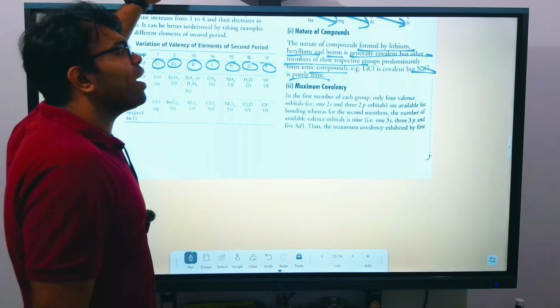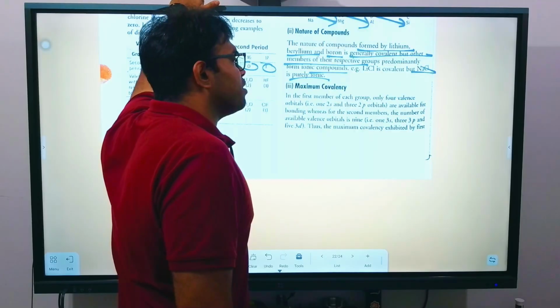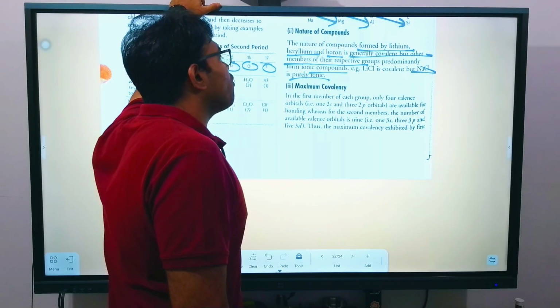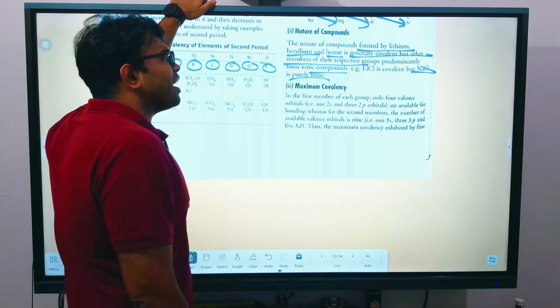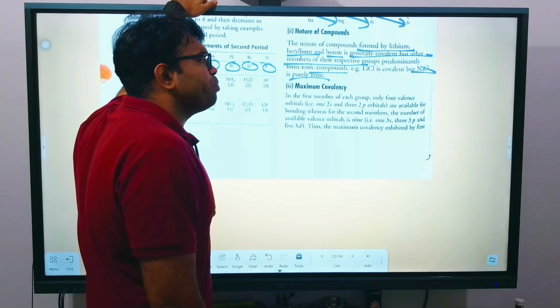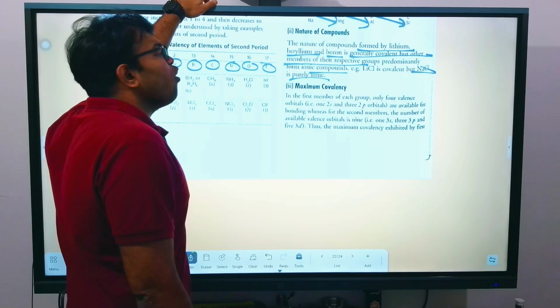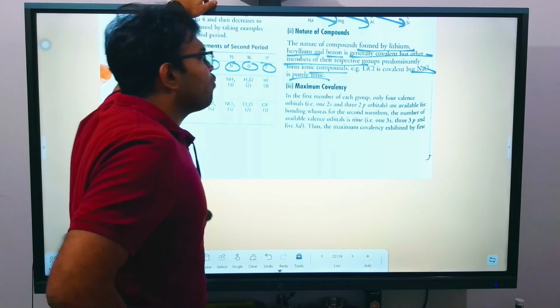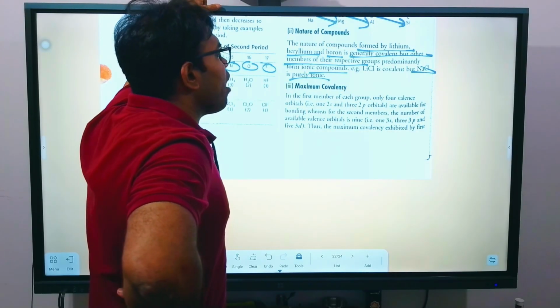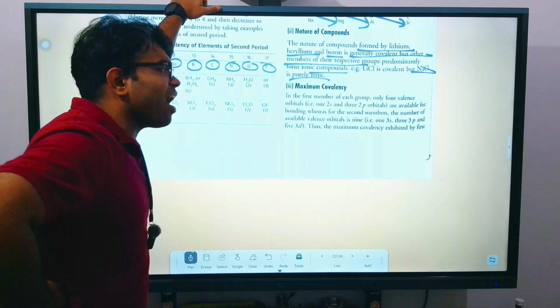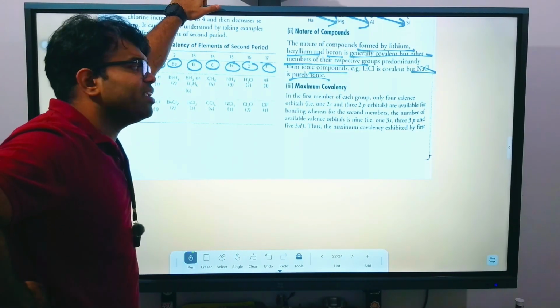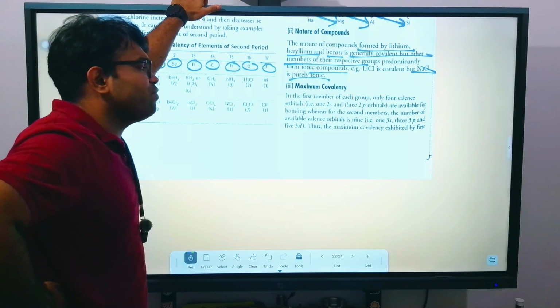Now, maximum covalency. In the first member of each group, only 4 valence orbitals, that is 2s and 3 2p orbitals, are available for bonding, whereas for the second members, the number of available valence orbitals is 9: one 3s, three 3p's, and five 3d's.